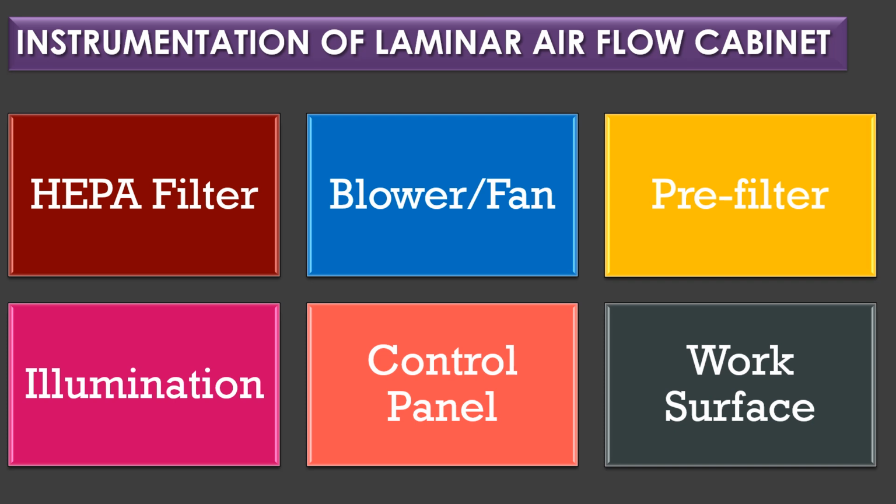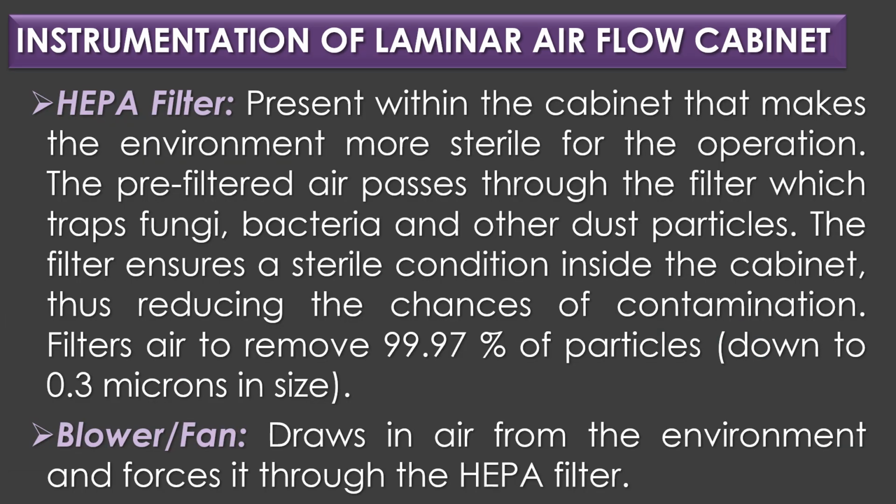Instrumentation of laminar airflow cabinet. The laminar airflow cabinet contains 6 major parts. They are HEPA filter, blower or fan, pre-filter, illumination, control panel, and work surface. HEPA filter. The HEPA filter is present within the cabinet that makes the environment more sterile for the operation.